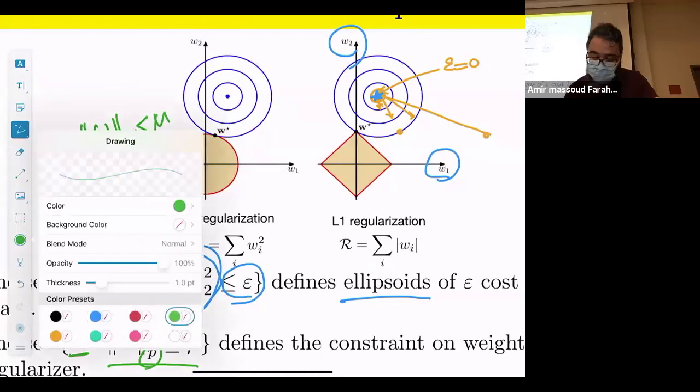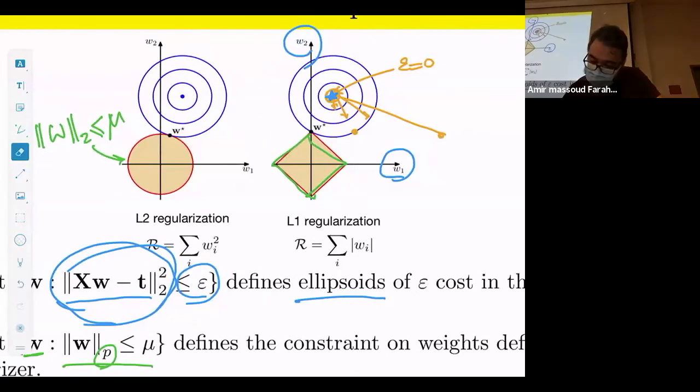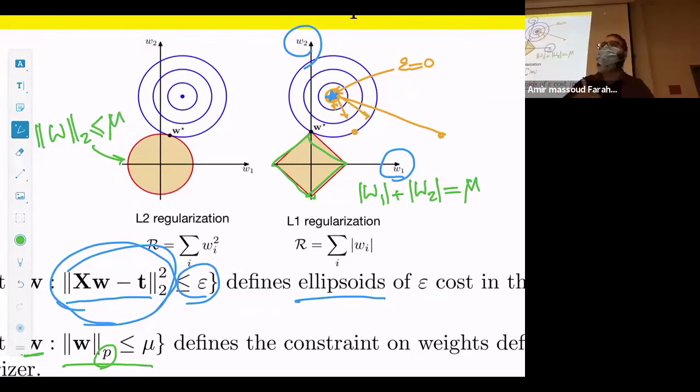What if I have an L1 norm for the constraint set? You can try to convince yourself, maybe you need to think a little about it, that the shape looks like this diamond-like shape. In two dimensions it is easy to see why: we are saying W1 plus W2 is equal to some mu, and that is the boundary of the region.